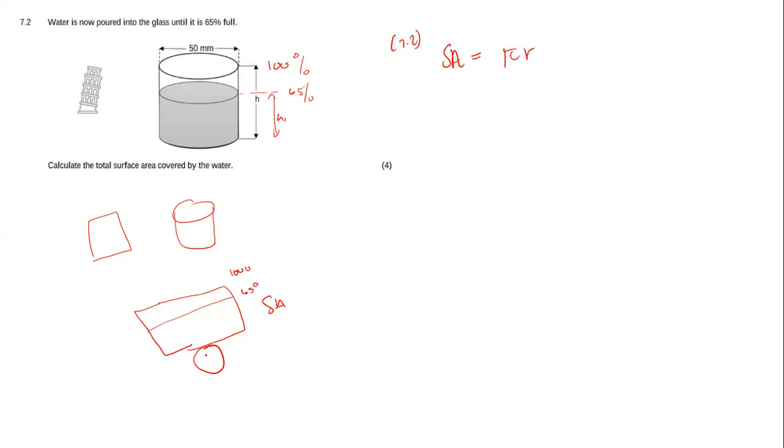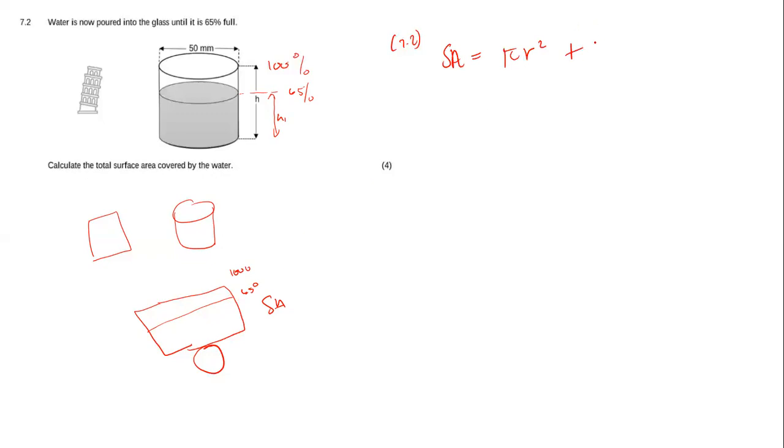What is this pi r? It is the area of the circle. If this was closed, if here we had another circle, we would say 2 pi r. Remember, pi r squared is the area of the circle, plus the area of this shape over here.